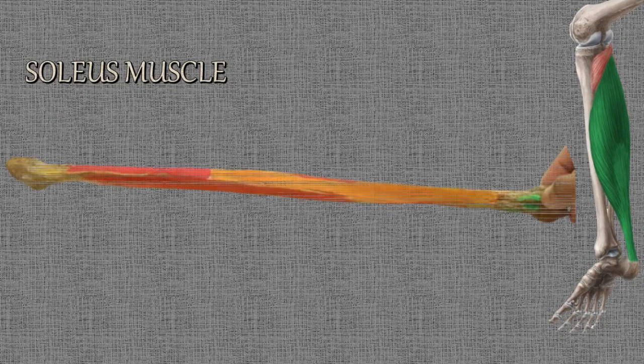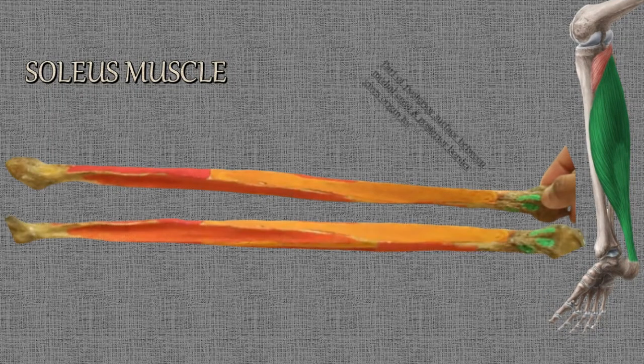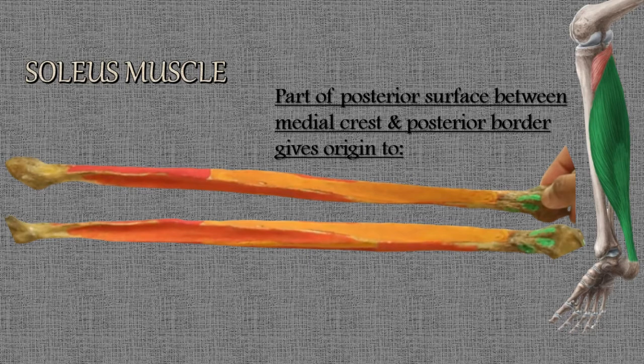Soleus muscle. The soleus muscle arises from the part of the posterior surface between the medial crest and the posterior border, right? So the medial crest and the posterior border. As you remember, this is the posterior border. How did I say this is the posterior border?